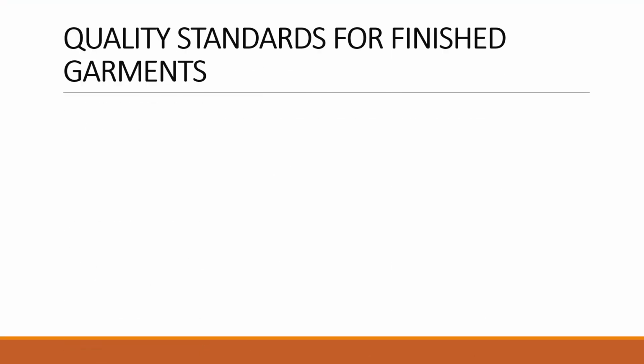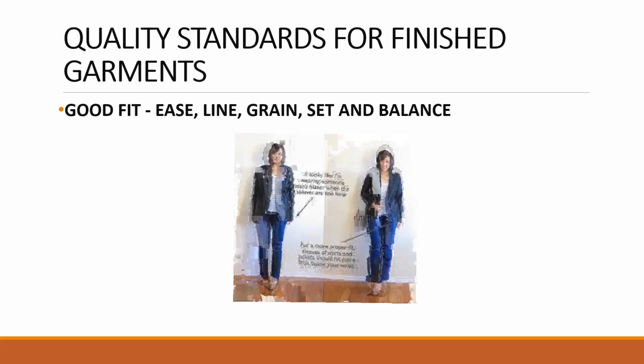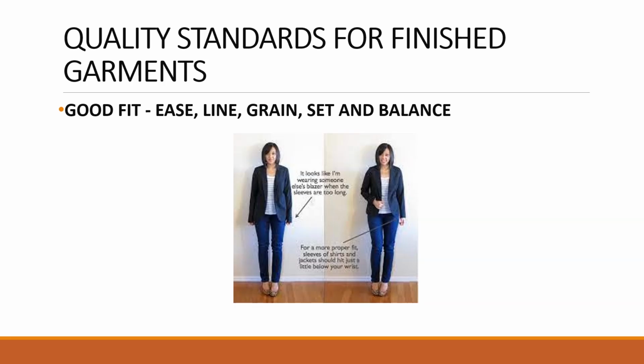Now coming to the finished garment, there are a few important points which depict a good fit property. Ease, line, grain, set and balance are very, very important in that aspect in the finished garment.